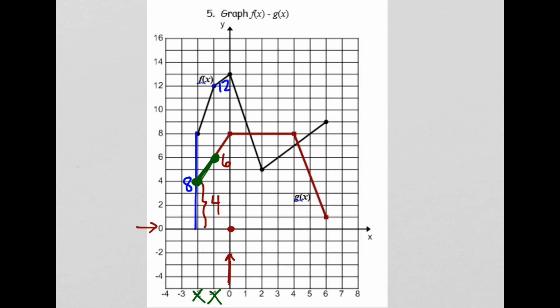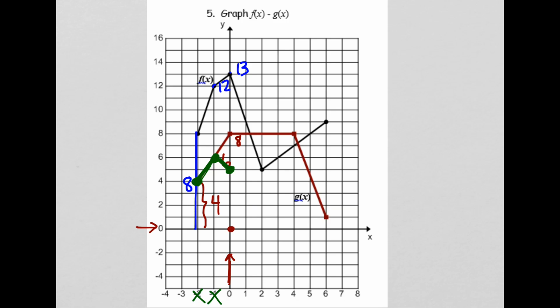Now we're at 0. When x is 0, our red value was 8, and our blue or black value was 13. 13 minus 8 is 5, so we are down to 5. 1, 2, 3, 4, 5. See that? Our subtraction graph is going down.